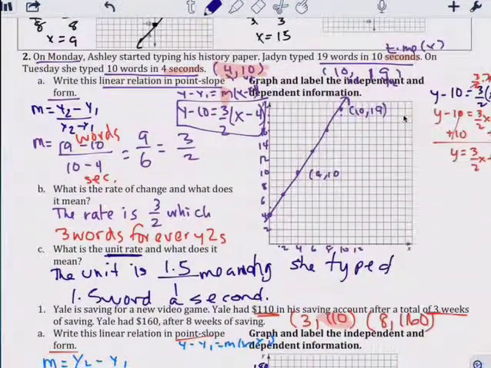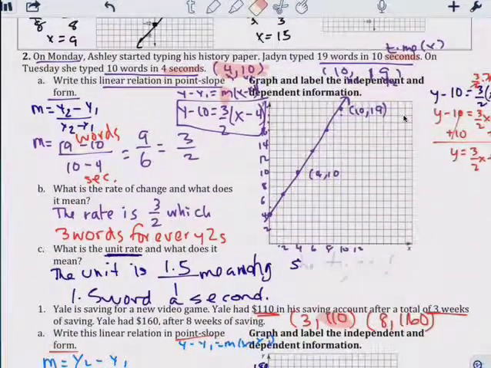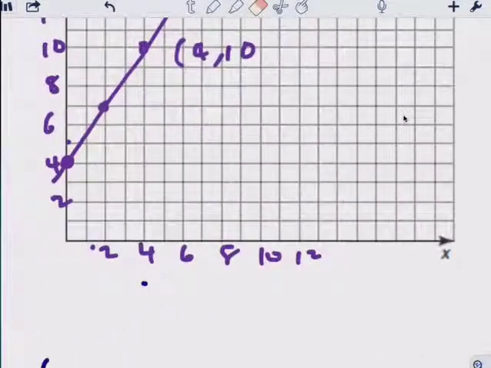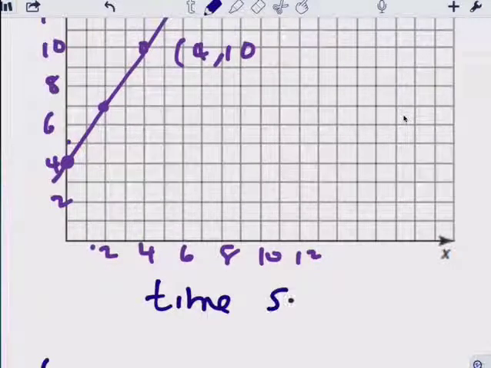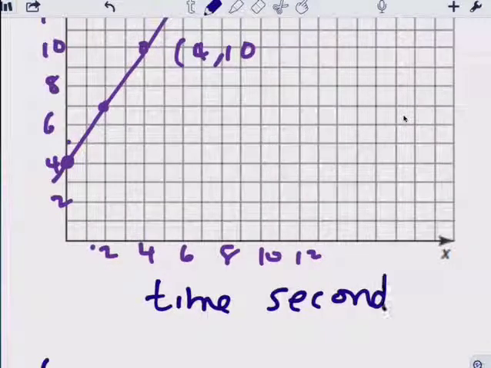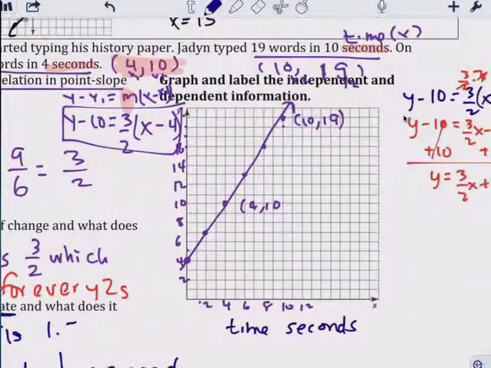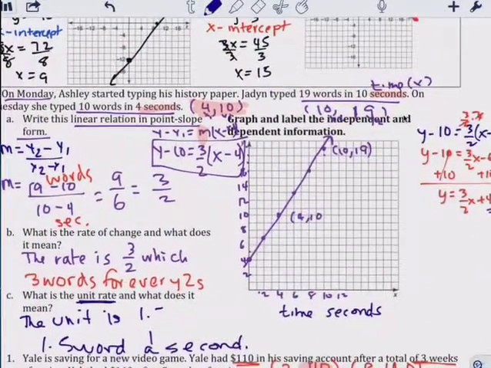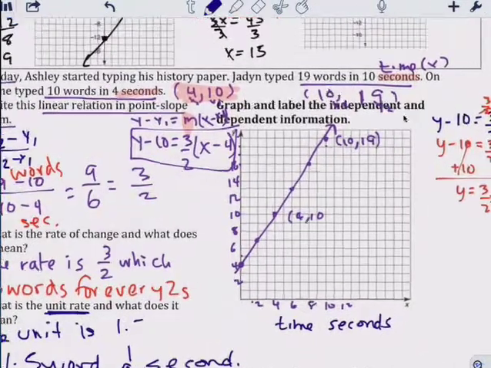Ooh, I forgot to label my graph here. I hope you guys did not forget. This is 2, 4, 6, 8, 10, 12, time in seconds, the independent variable, and the dependent variable is words typed.